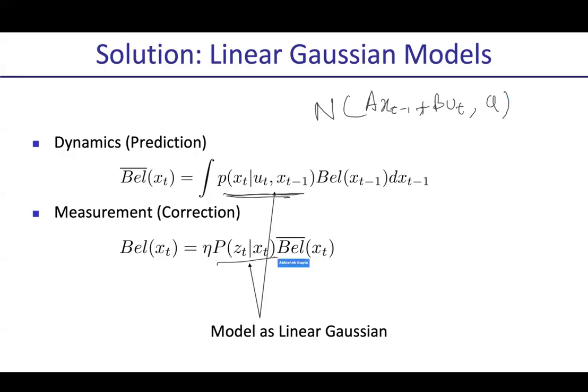And your measurement model is again a Gaussian model where your mean is some linear function of xt and some variance. So both of these distributions are Gaussian, and their dependence on the dependent variables is linear. What we're going to show is that in this case of linear Gaussian, you can actually do something tractable. This is the basis of this whole field of linear control and linear state estimation, and it's a really powerful method.